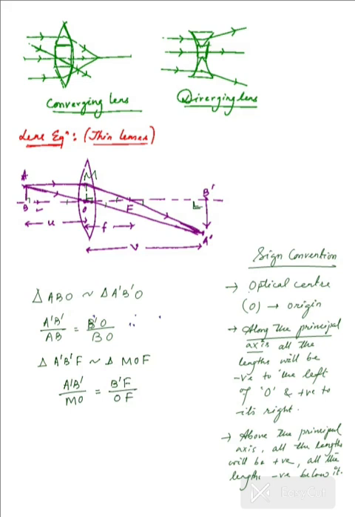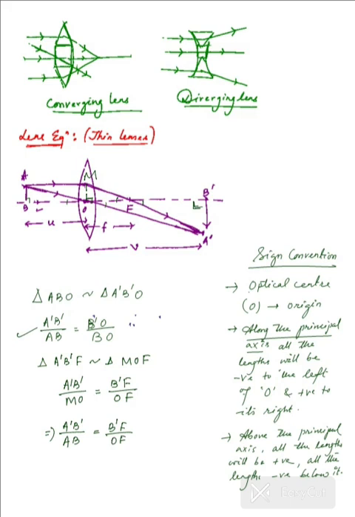Now MO, as you can see, is equal to AB. So you have A dash B dash over AB, which was the case in the first equation as well. Here also you have A dash B dash over AB equal to B dash F over OF.